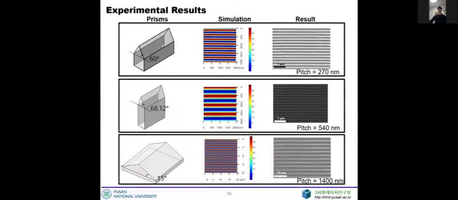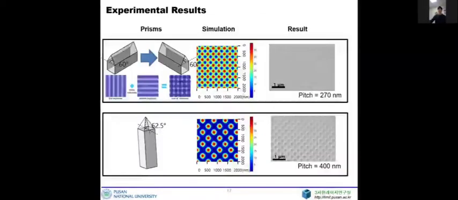As a result, various patterns were fabricated, and they matched the simulation result. Left is a prism, center is simulation, and right is a SEM image of a fabricated pattern.